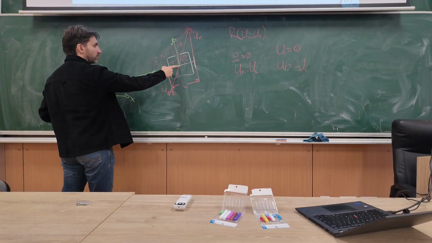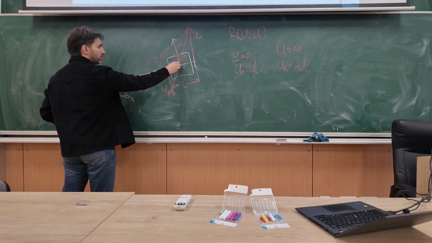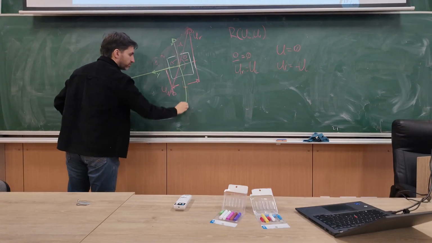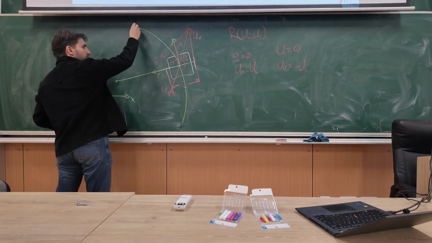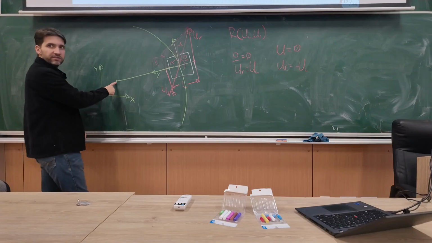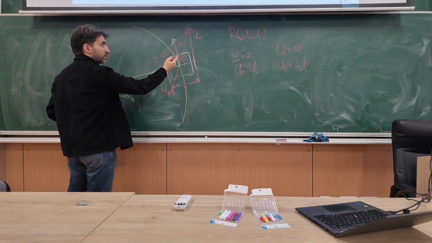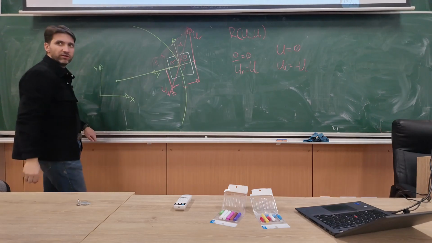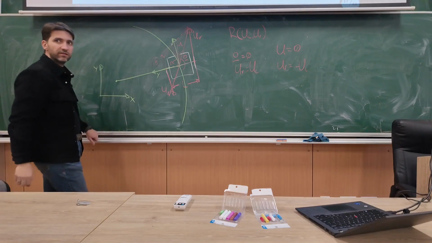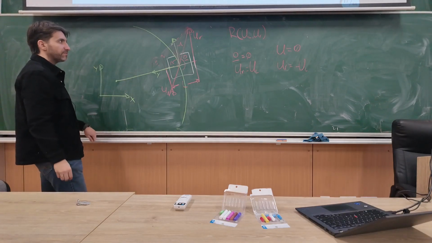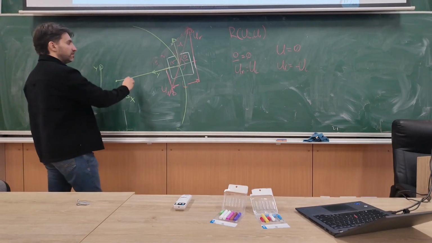Okay, so let's say at any moment I have this circle whose center is here, and it's tangential to the robot at this point. It's intersecting the robot with the center, right? The radius of that circle will be the radius.